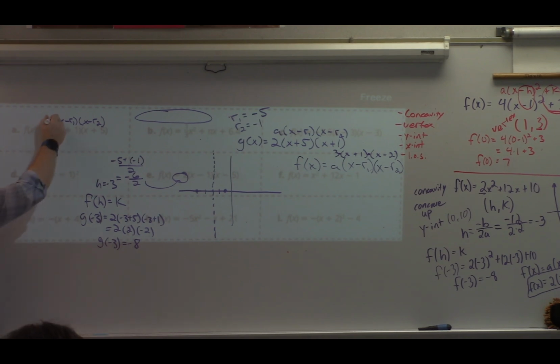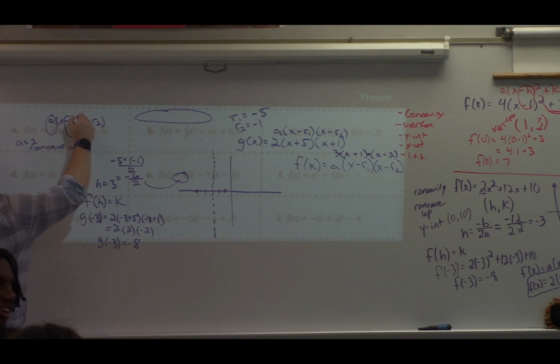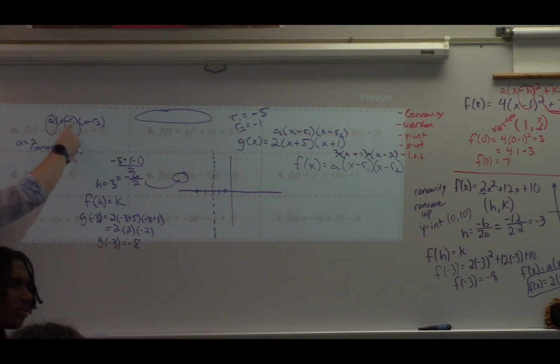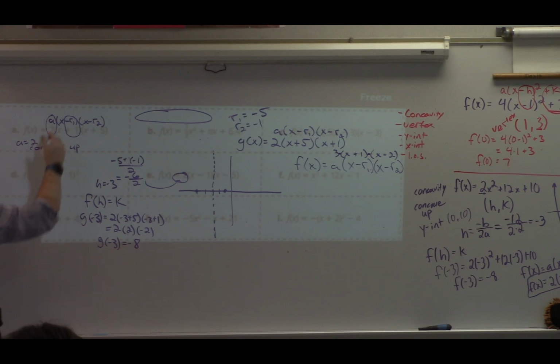Right away, when I line it up like this, a is 2, so this parabola is concave up, like a cup. From there, how does it go from x minus r1 to x plus 1? It was opposite, because I need the opposite. So root 1 is negative 1.